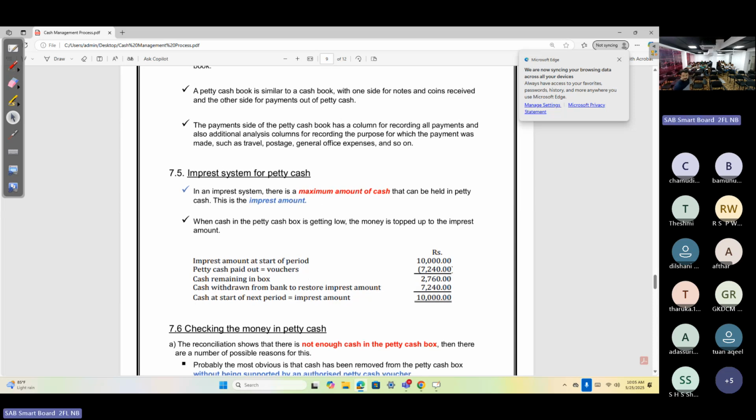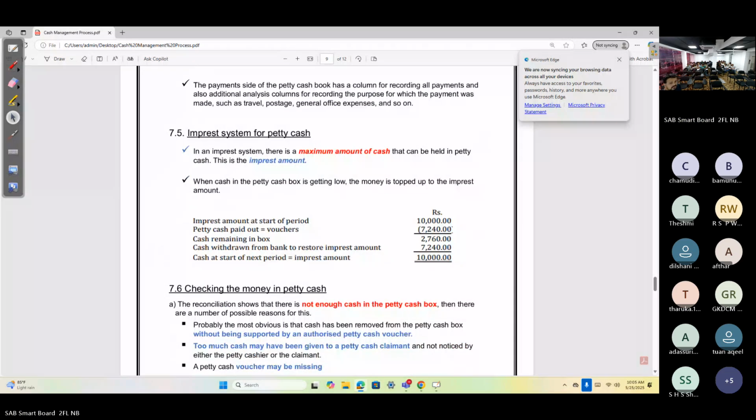Another important topic in petty cash: the imprest petty cash system. Imprest petty cash system means a fixed amount is there. I told 10,000, 20,000, 30,000.